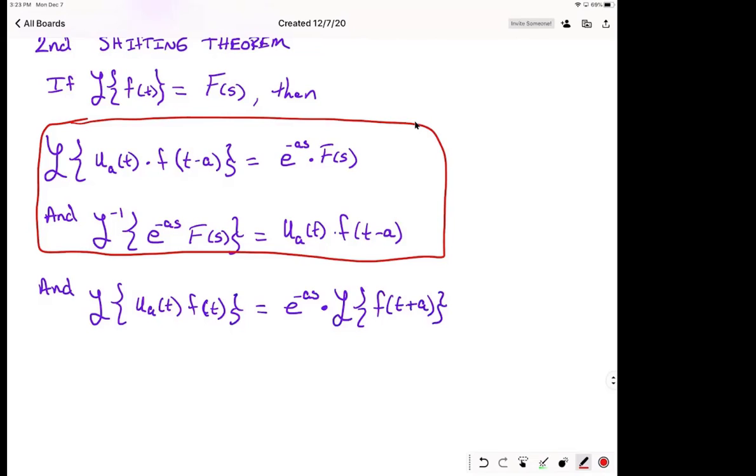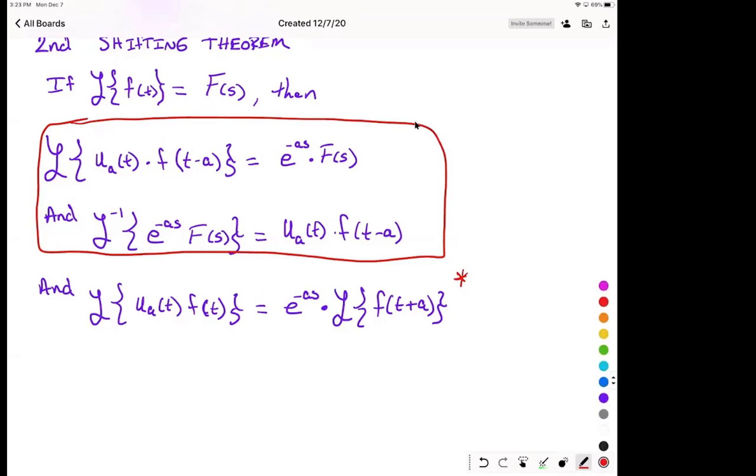And the inverse of that is true as well. And then as a corollary to that, I can do the u sub a of t times f of t, with no minus a in my Laplace transform, and that's equal to e to the minus as times the Laplace transform of f of t plus a.